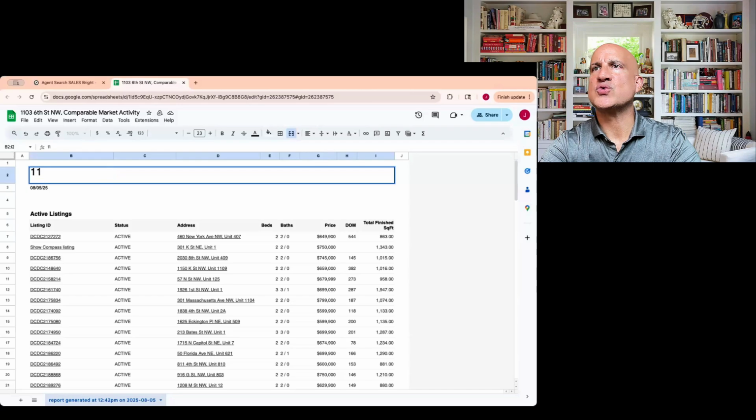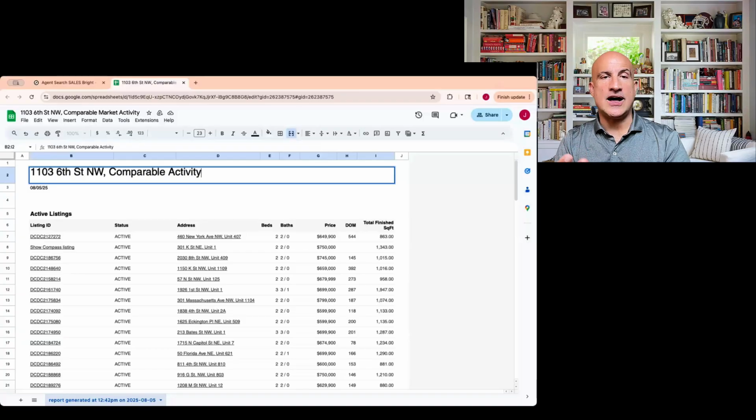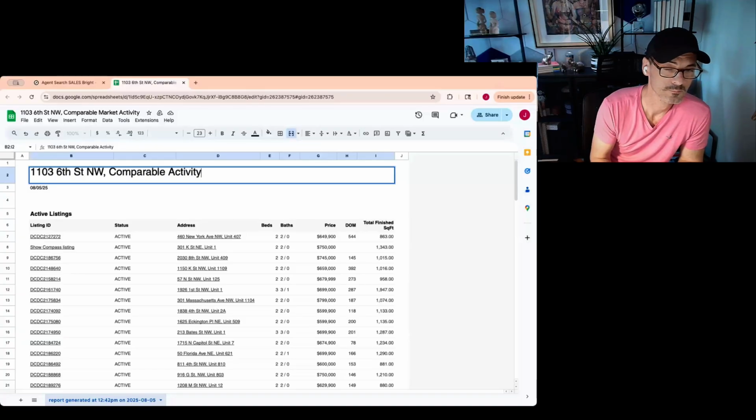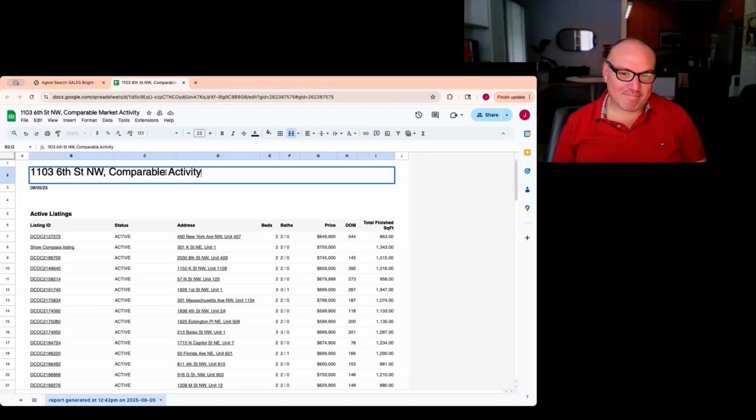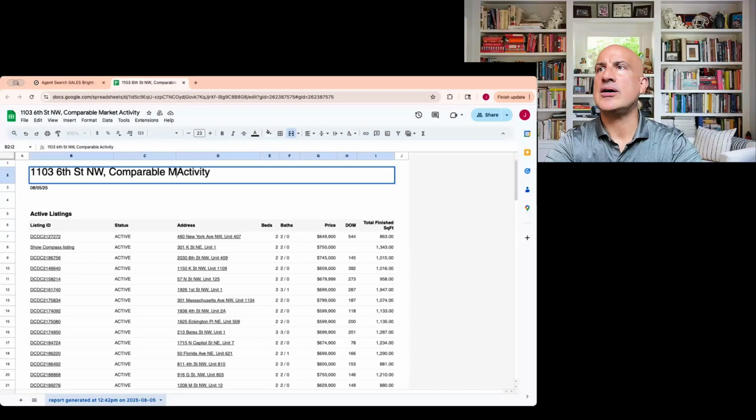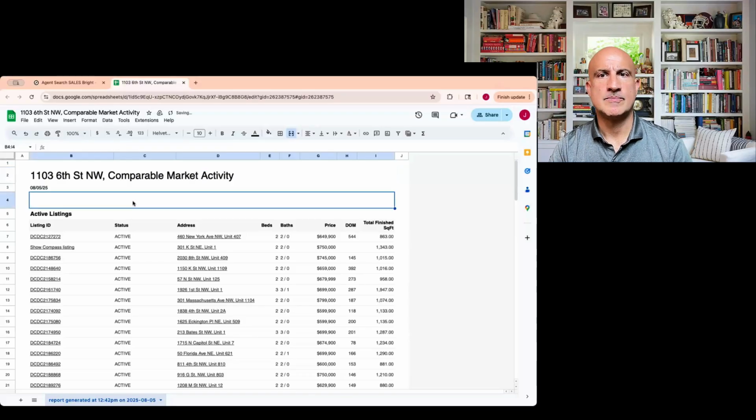On one note, as we're going through this, I typically don't use the word CMA a lot. I don't use the words comparative market analysis a lot. What I typically use is what I call comparable market activity.